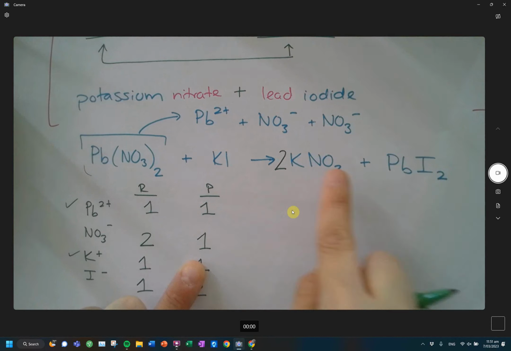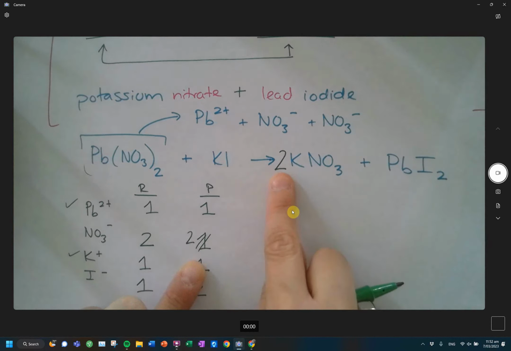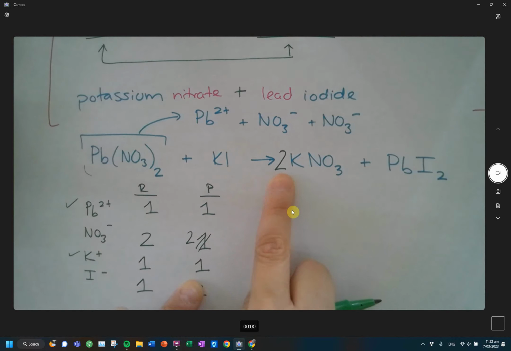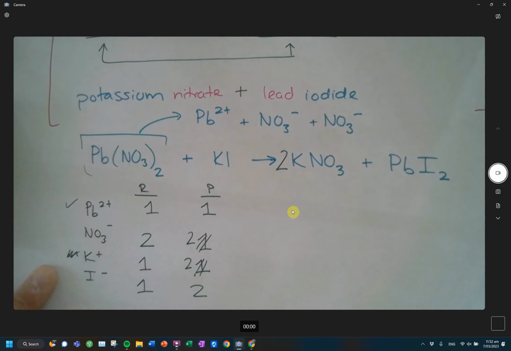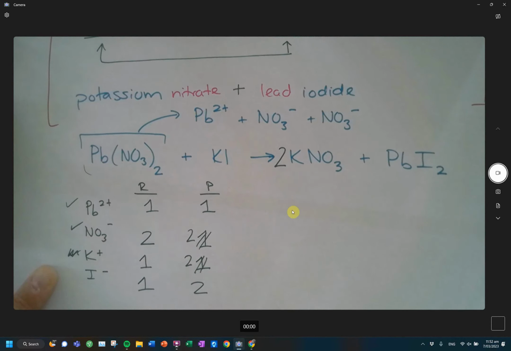If I put a 2 in front of here, is that NO3 now 2? Yes, it is, because remember the coefficient applies to everything behind it. Has my potassium changed? Yes, because it's a 2 that applies to everything behind. So this is now actually 2. So now I made a problem that doesn't work anymore. But does this one work? Yes. All right.